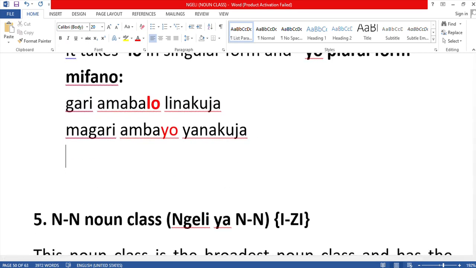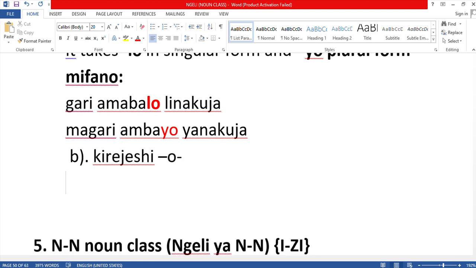So part B. Here we say B kirejeshi O. With this one we won't attach the lo or yo to the end, because the agreement is attached within the verb phrase, as we will see here.